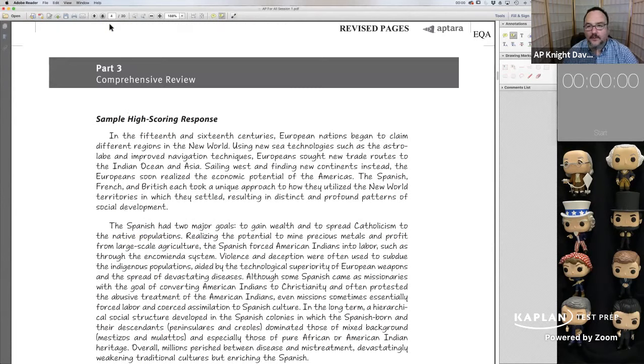In our book, if you get the book, it's got this high scoring response. You can read and see exactly what you would be going for if you're wanting a really highly scored essay, which you would want because it contributes to your test. You can read it and see, oh, that's what I should have.